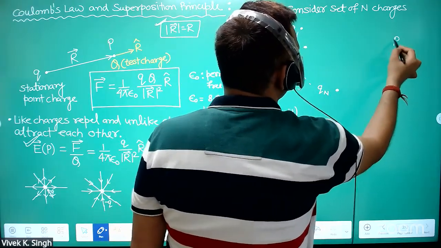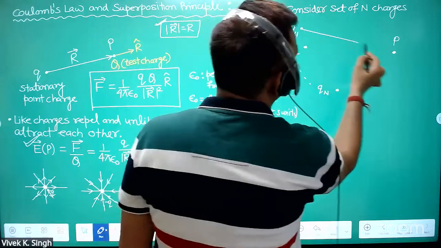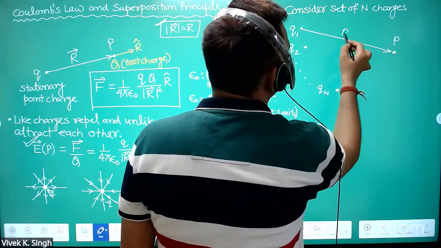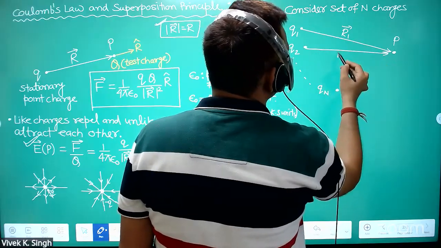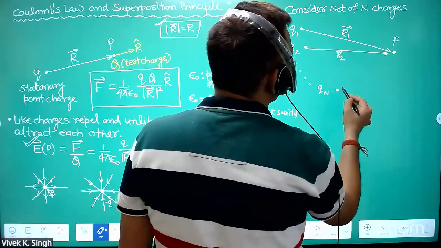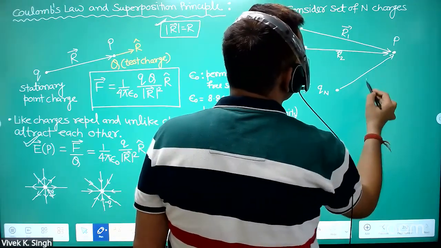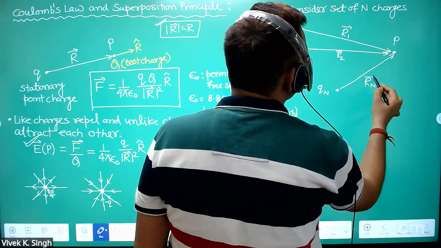This is point P. Let's say this vector is r1, this vector is r2, and this vector is rn.